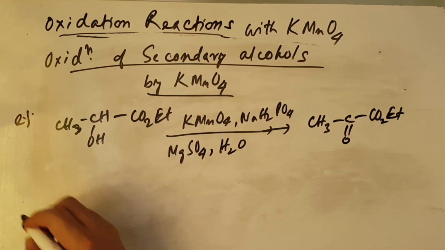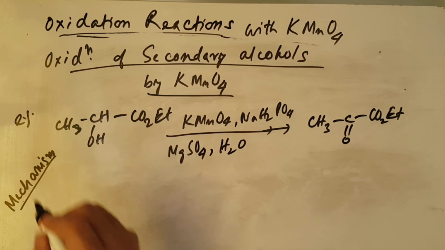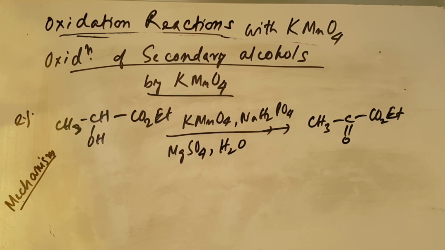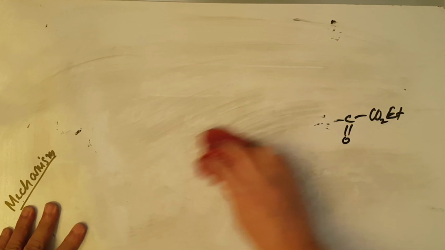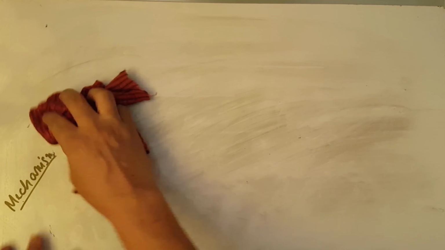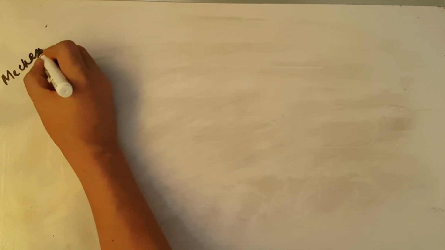So let's see the mechanism of the reaction: the mechanism of oxidation of secondary alcohols to ketones by KMnO4 in acid medium. Let's first give the general mechanism. This is a secondary alcohol.